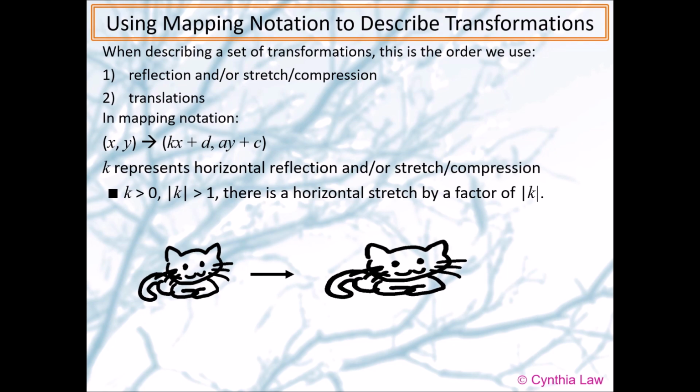So when we're analyzing the horizontal stretch, we just look at that number for k. And here we said k is greater than 1. Why does that number have to be 1 and not something else? Now let's go back to our mapping notation above. Look at kx plus d. K is multiplied to x, is multiplication.